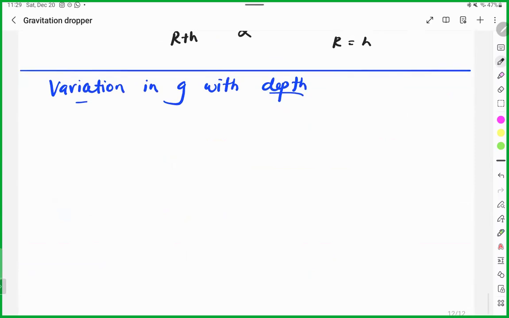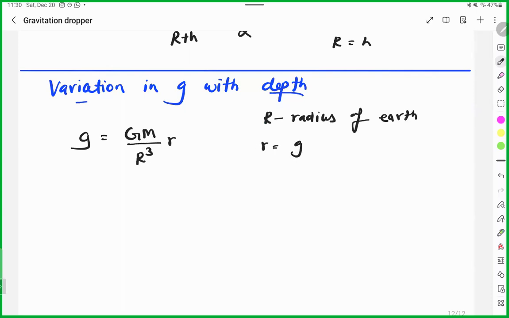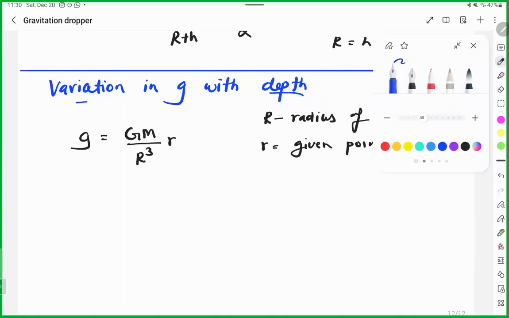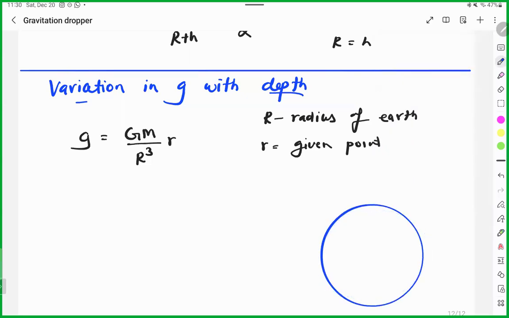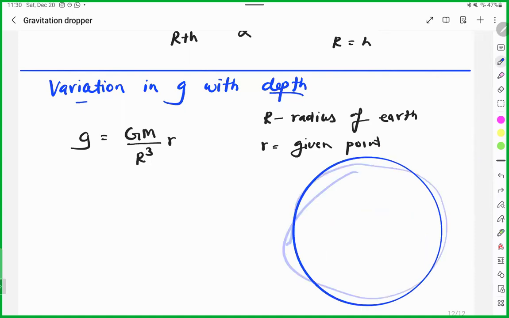Okay. So we know g value is equal to GM by R cube into r. Remember, capital R is the radius of the Earth and small r is at a given point, at any given point from the center of the Earth. So again, you have to make a diagram here. If you take this full as radius and you are calculating at this distance, small r.